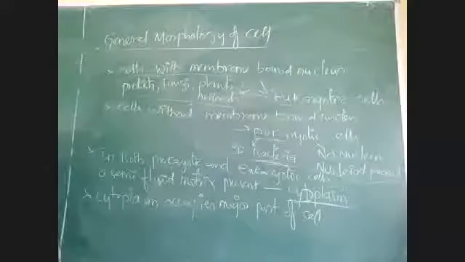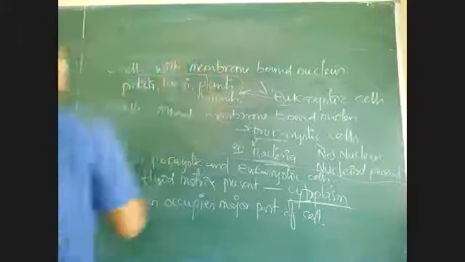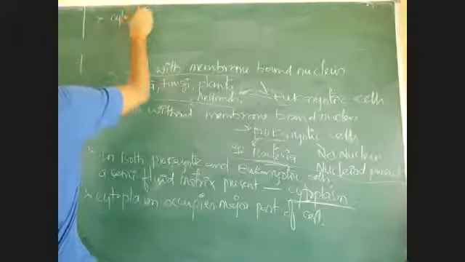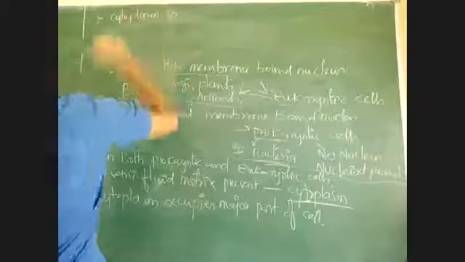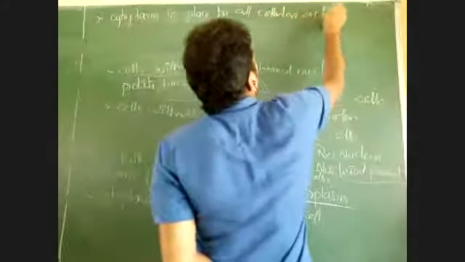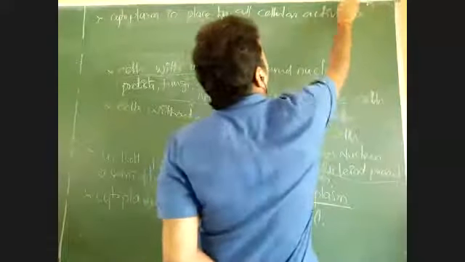And that cytoplasm is the main area of all cellular activity. Cytoplasm is the place for all cellular activities. What is cellular activity?